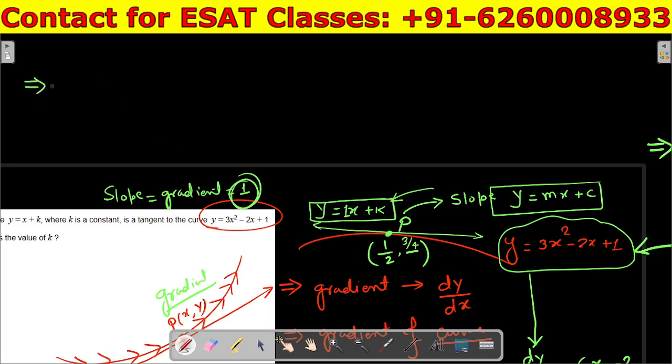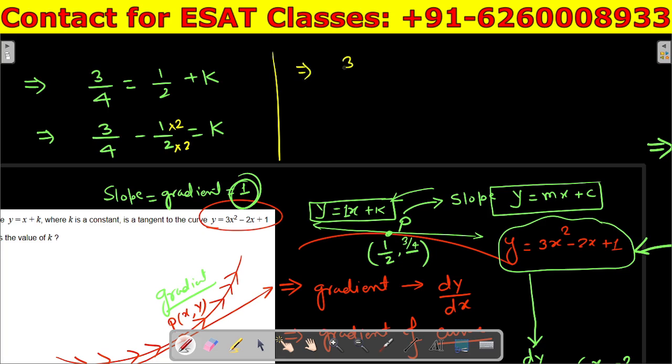So y equals 3 upon 4 equals 1 times 1 by 2 plus k. From here we get 3 upon 4 minus 1 upon 2 equals k. Make it a like fraction to subtract them, multiplying by 2 and 2, so we get 3 upon 4 minus 2 upon 4 equals k. So k equals 1 upon 4.